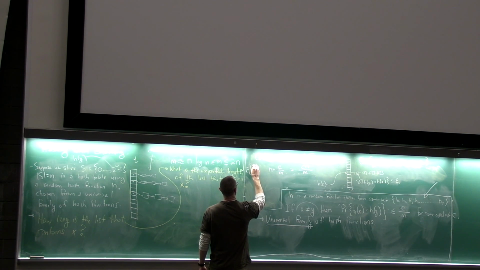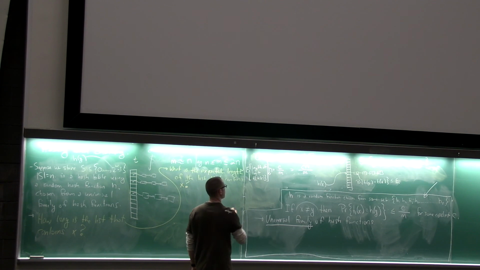Expected length of the list T at h of x is equal to... Okay.